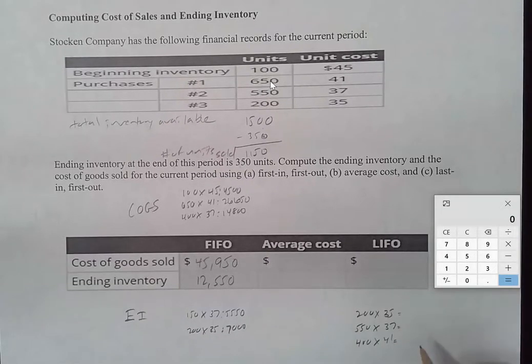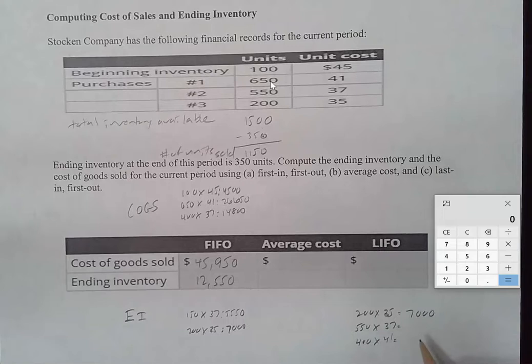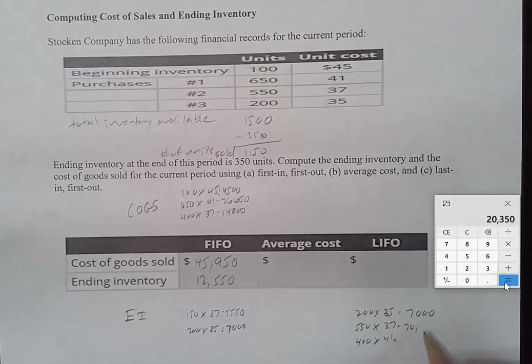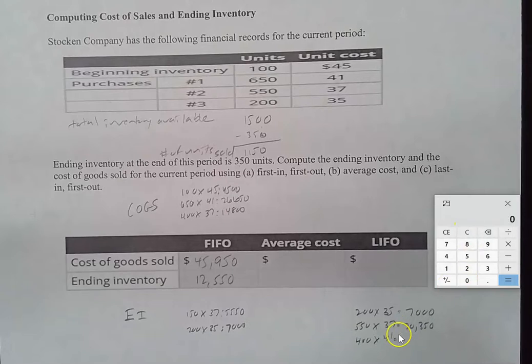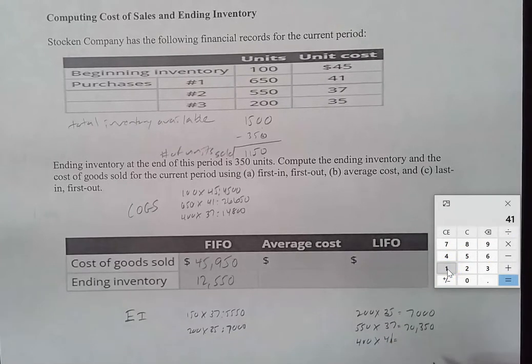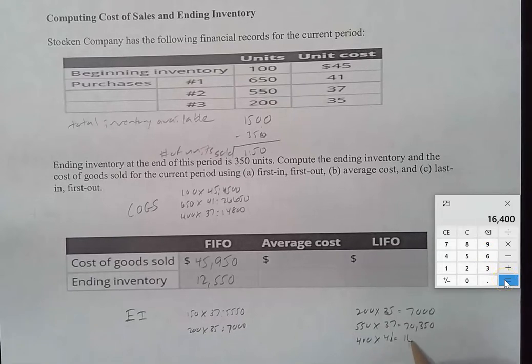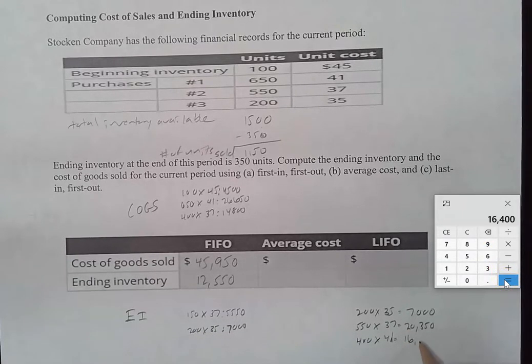All right, so we know, because we already calculated this before, that's 7,000. And then the 550 here times 37 is 20,350. And then the 400 times 41, kind of a weird looking 41, equals 16,400.